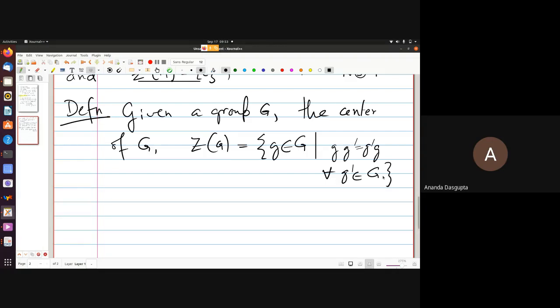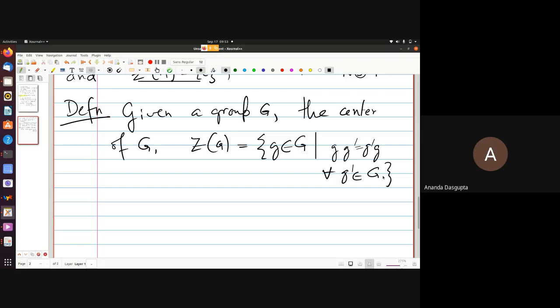Say if G is abelian, then Z(G) is G itself, right? And the minimal thing that Z(G) must have is what? There's one element in every group which commutes with every element. Identity. So Z(G) has to have the identity, right? But could have more.